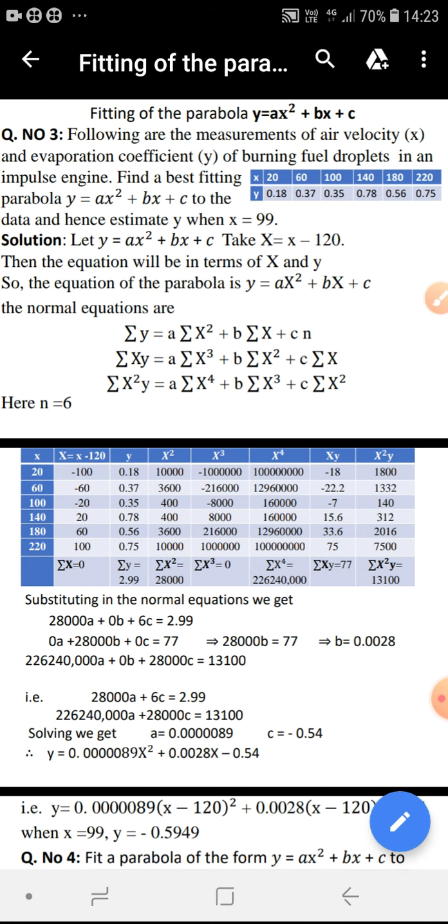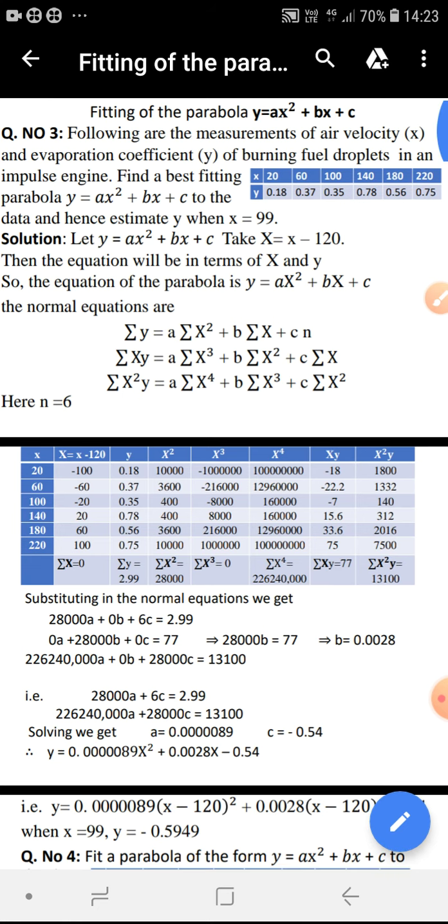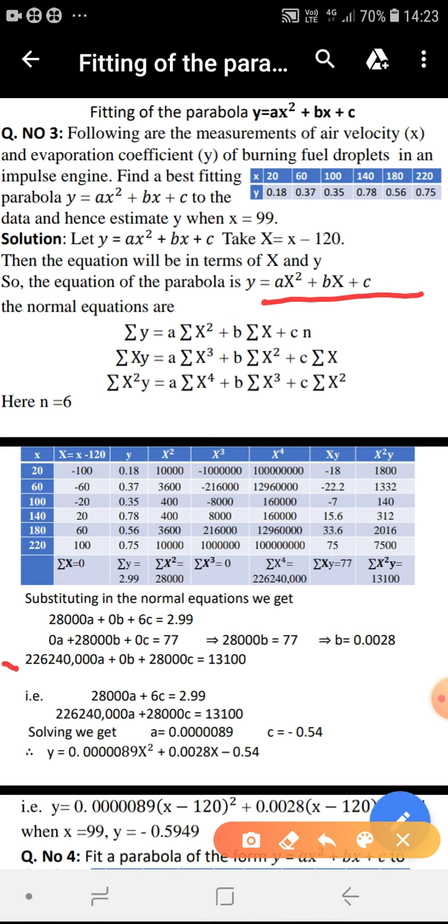So for the first equation, attach a sigma symbol to each term on both sides of the equation y equal to ax square plus bx plus c. First equation will be summation y equal to a into summation capital X square plus b into summation capital X plus c.